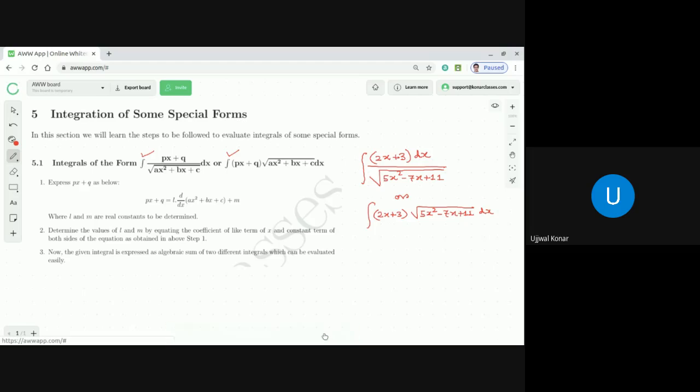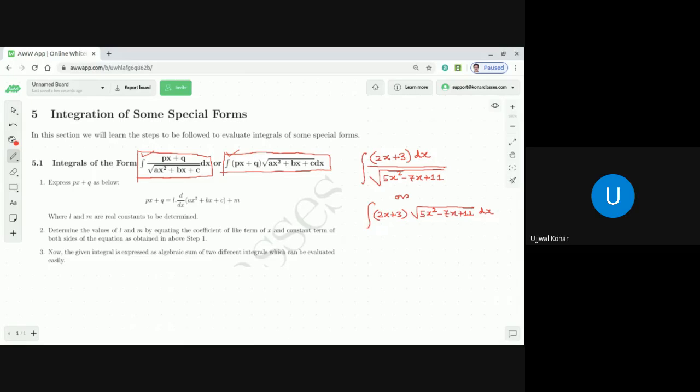Then, if an integration is coming in this form, whose generic form I said, integration of px plus q by square root of ax square plus bx plus c dx, which you see here, or px plus q into square root of ax square plus bx plus c dx, then there are three steps to solve that integration.